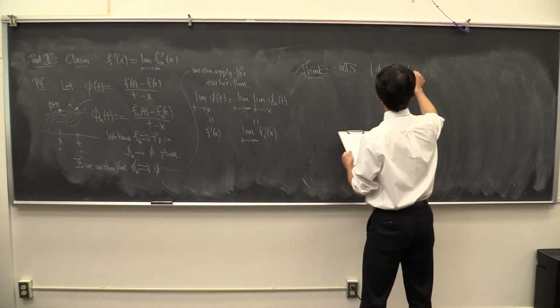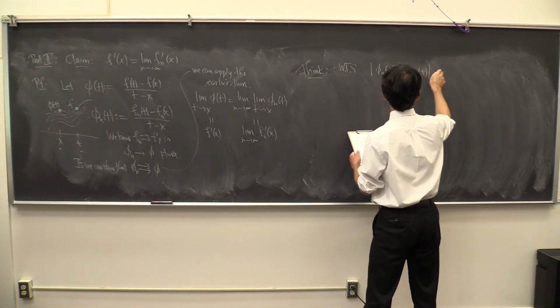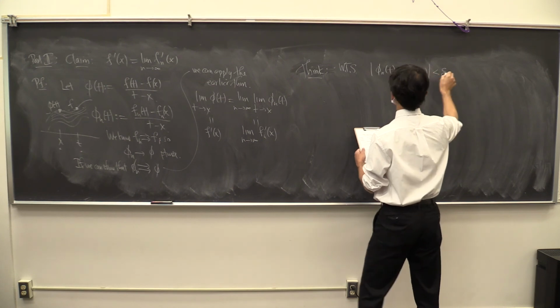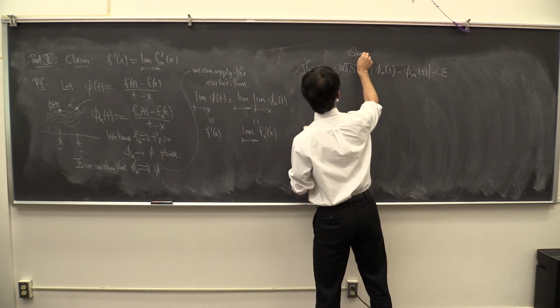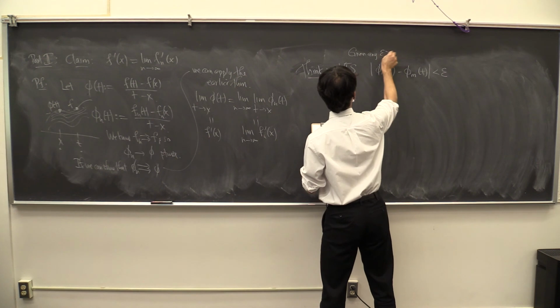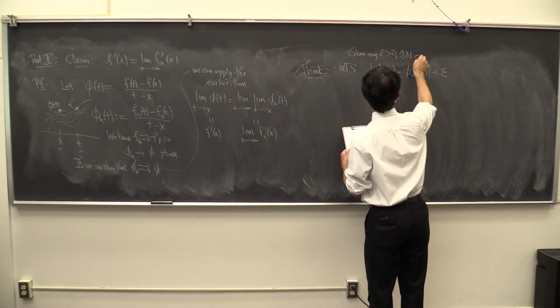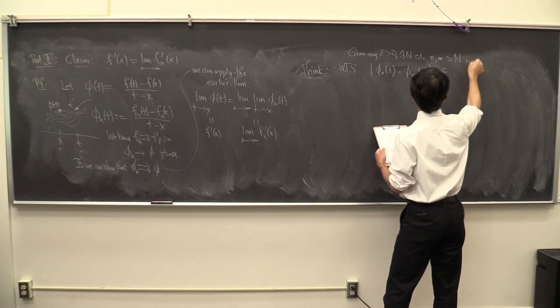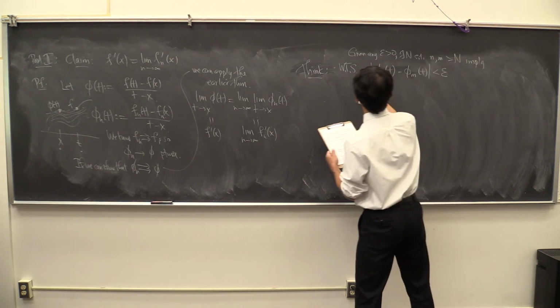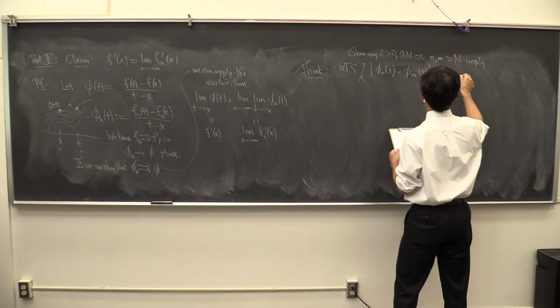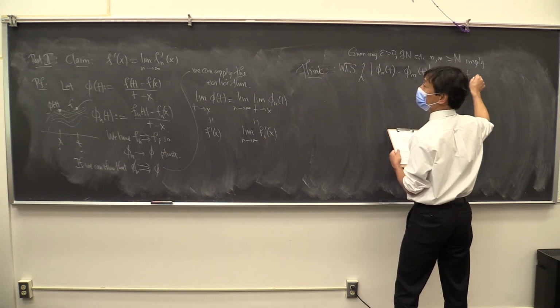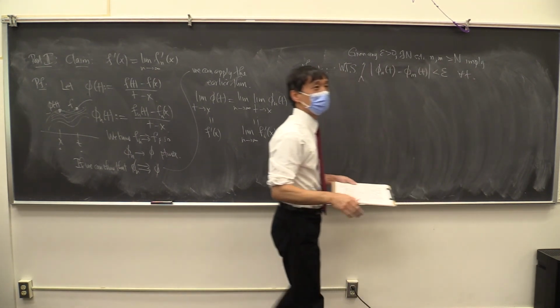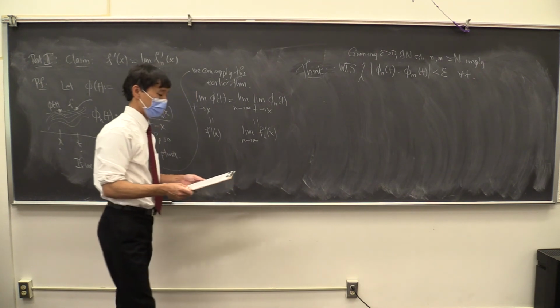We want to show that this thing can be made smaller than epsilon, that given any epsilon, there's a time such that n and m past that time imply that this thing is smaller than epsilon for all t. That's what we're hoping to show.